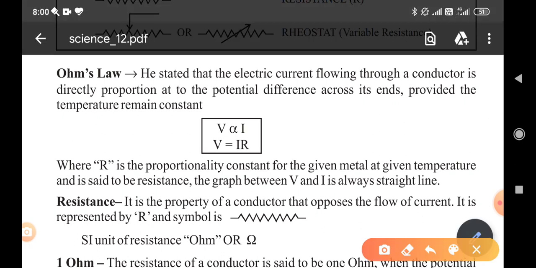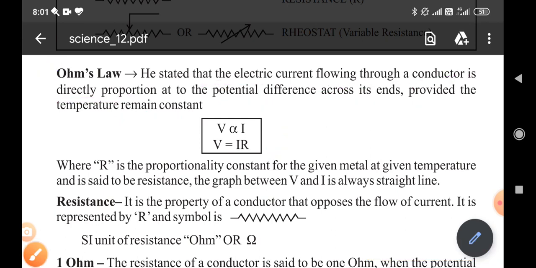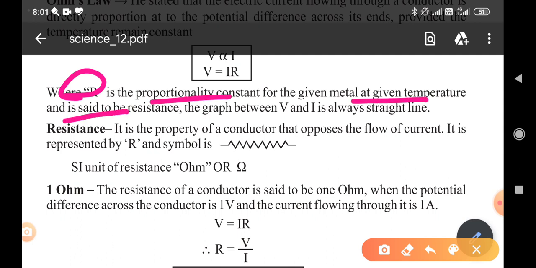According to Ohm's law, the electric current flowing through a conductor is directly proportional to the potential difference across its ends, provided the temperature remains constant, that is V proportional to I. On removing the proportionality, a symbol R comes, where R is the proportionality constant for the given metal at a given temperature and is said to be resistance.